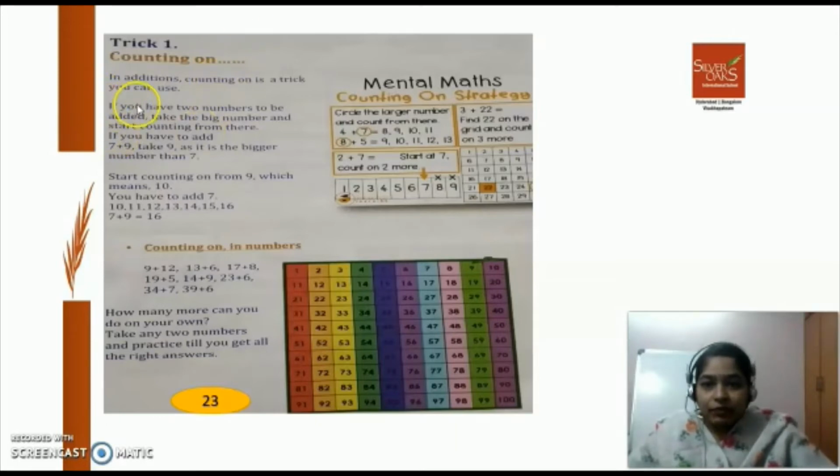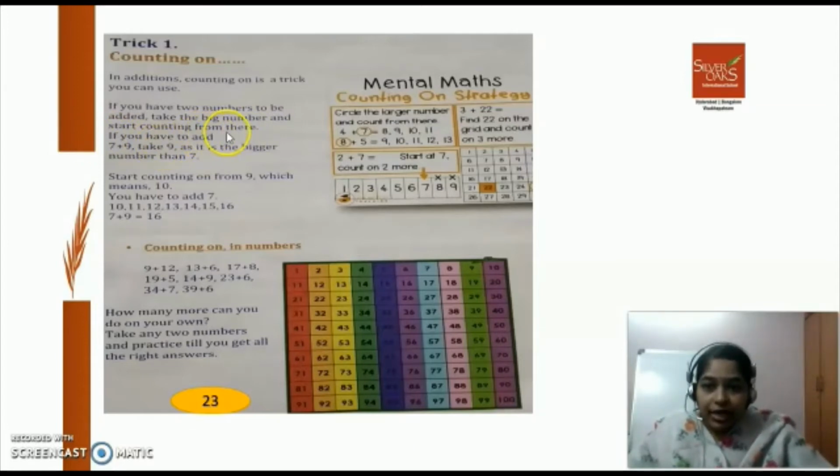If you have any two numbers to be added, take the bigger number and start counting from there. You have to take the bigger number and then start counting from there.